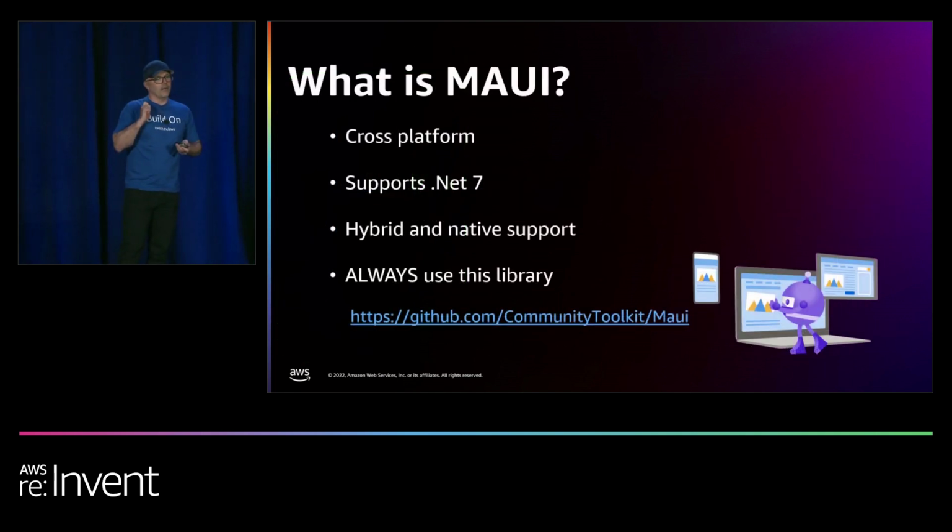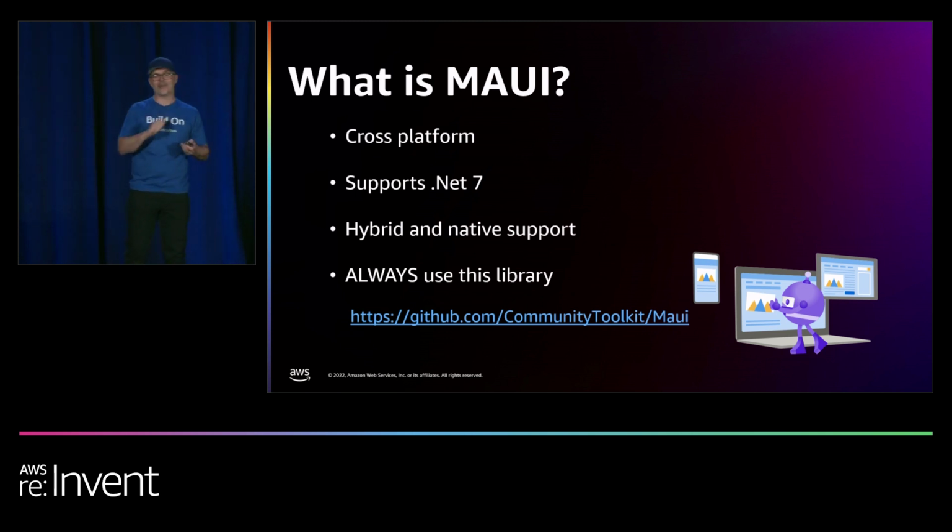So Maui also supports .NET 7. .NET 7 came out 2 weeks ago. It was actually released 2 weeks ago. So me being me, I decided let's upgrade this app that I've been building to .NET 7, and it actually worked first time. So I was pretty happy with myself when that came to fruition.